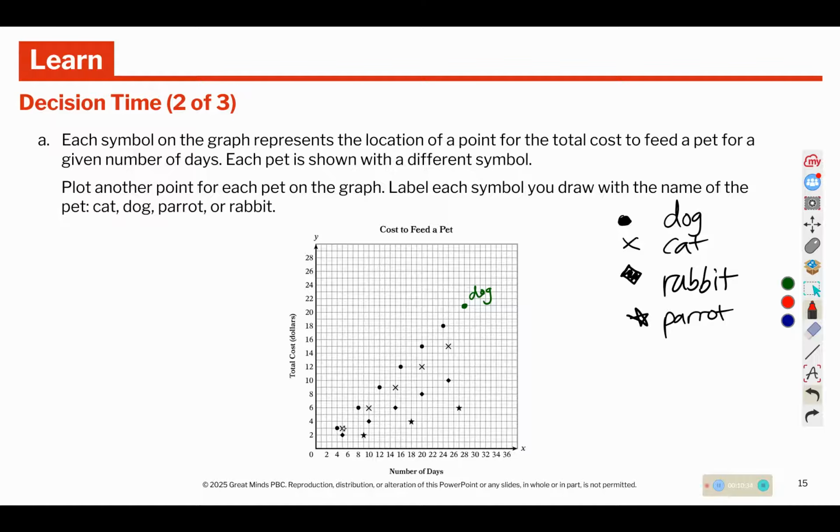The cat: 1, 2, 3, 4, 5 days and $3. 5 days, $3.